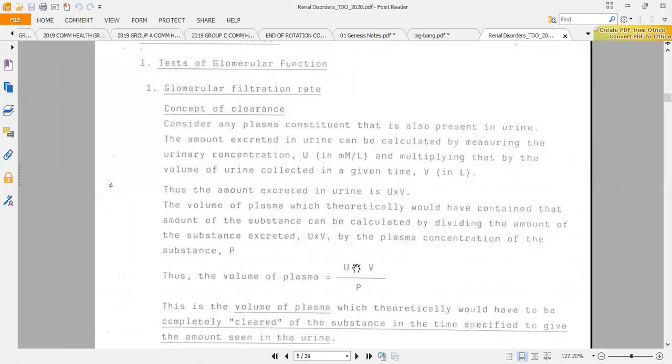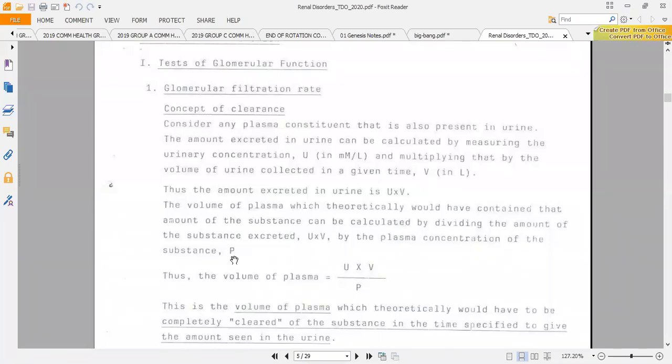As we said, the amount of drug in the urine is going to be the concentration of the urine times the volume of the urine. Good. That should also be equal to the concentration of the drug inside the person times the volume of distribution, which we talked about earlier on, times the plasma concentration.